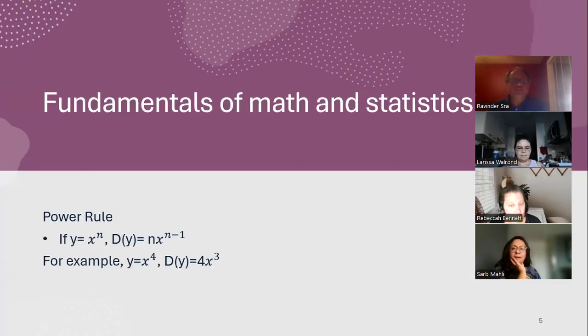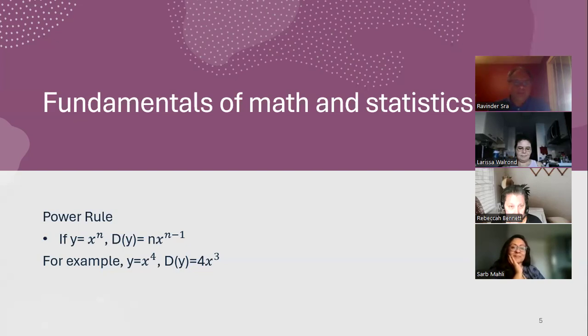Second, what is the rule? How can we find the derivative of any function? If we have x raised to power n, the derivative is n times x raised to power n minus 1. It's very simple.